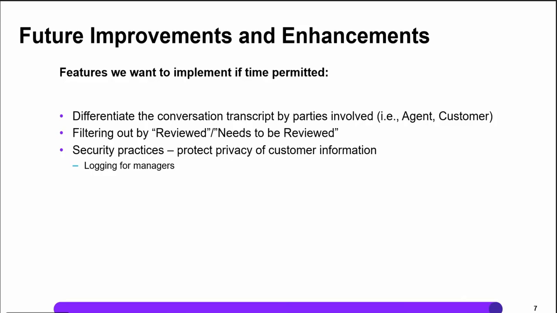Also adding the ability to filter by reviewed or needs review status, because we don't have that yet. And also some security practices to protect the privacy of customer information: logging which managers access the data, or maybe masking out some customer data and hiding names or addresses or any sort of revealing information from the user, depending on their access level.